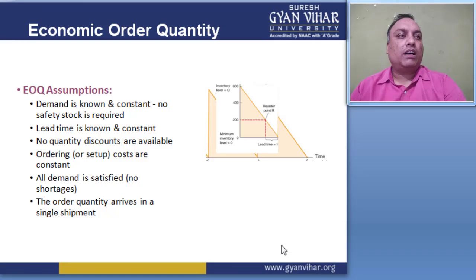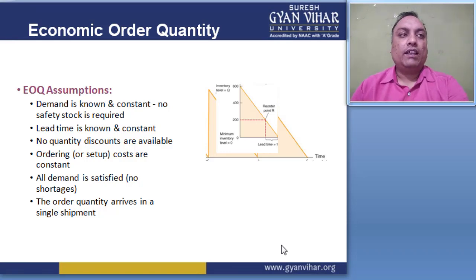Ordering costs are constant, the order satisfies all demand, there are no shortages, and the order quantity arrives in a single shipment.